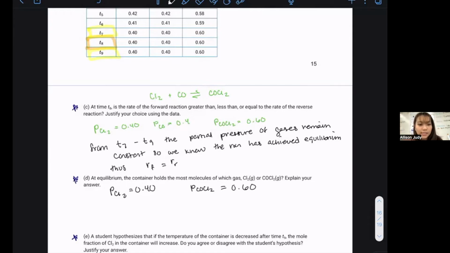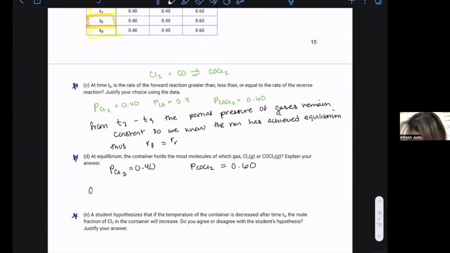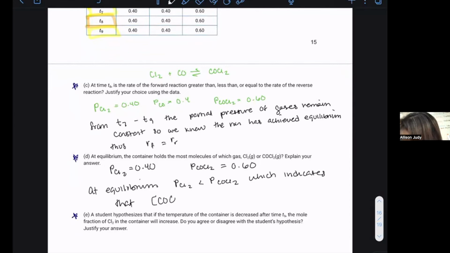So what that tells us is that at equilibrium, the partial pressure of Cl2 is less than the partial pressure of COCl2, which indicates that the concentration of COCl2 is greater than the concentration of Cl2. And that means, of course, that COCl2 has more molecules present.